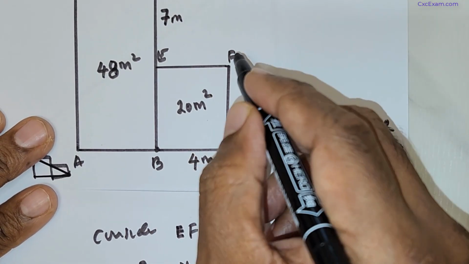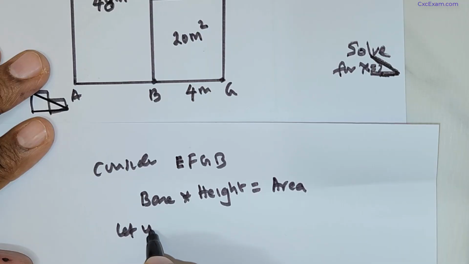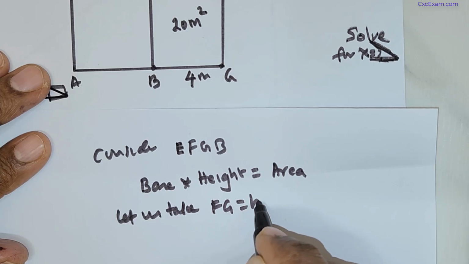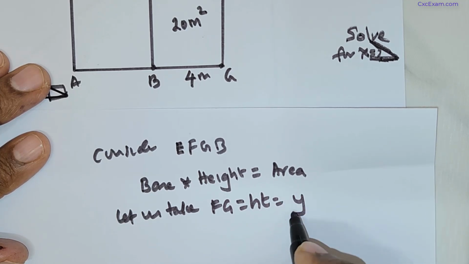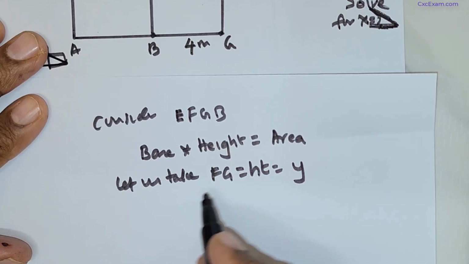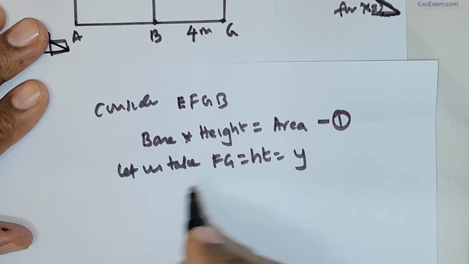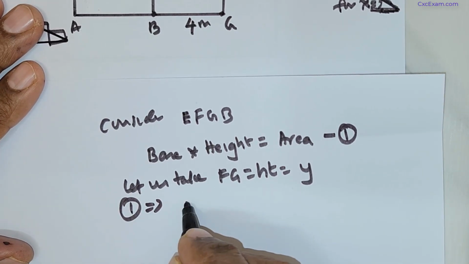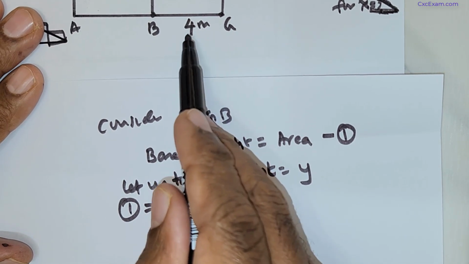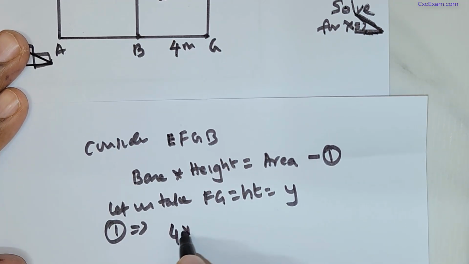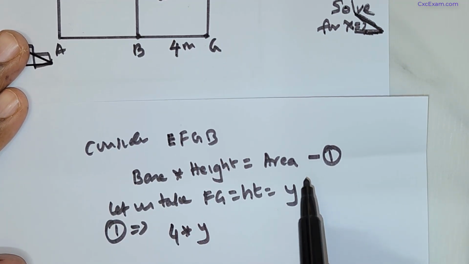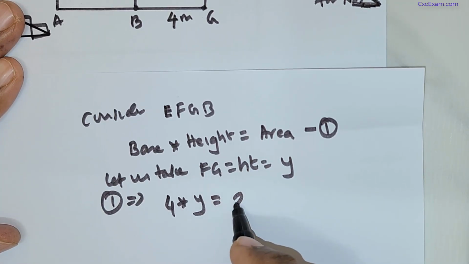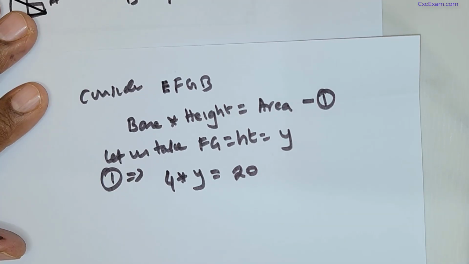So let me take the height. Let us take FG, which is the height, to be say some y. So this means the formula can be rewritten as base is 4 meters multiplied with height, which is taken to be y, is equal to area 20 square meters.